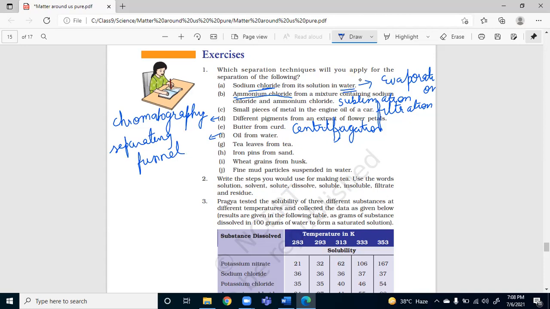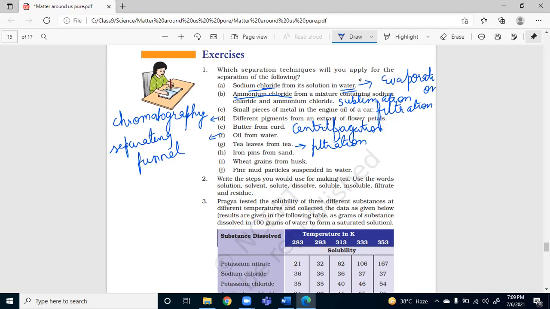Okay, now, sorry, I have forgotten G. Tea leaves from tea. Filtration. Filtration is the correct answer. So we are using a sieve for filtration. Iron pins from sand. Ma'am, magnetic separation.